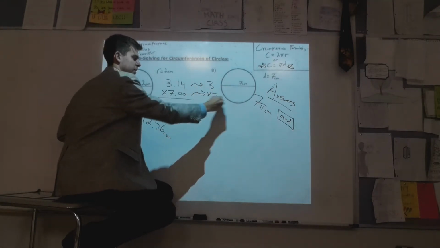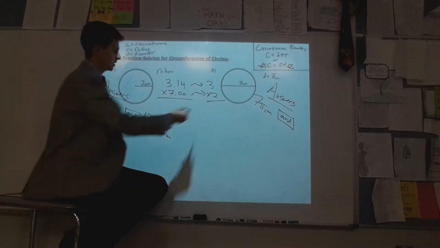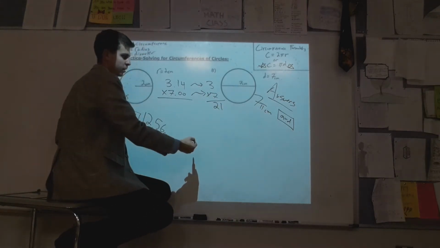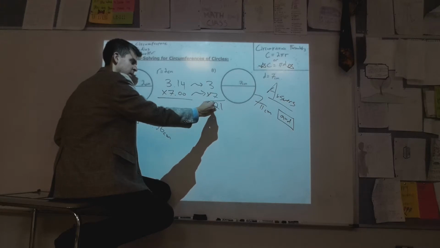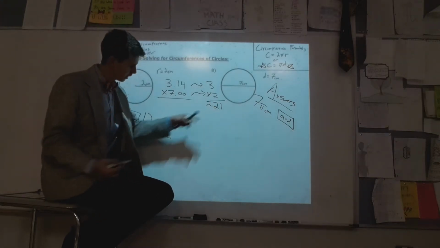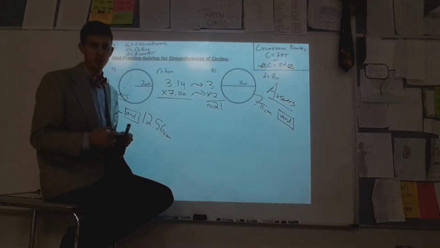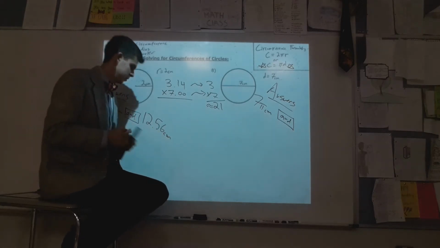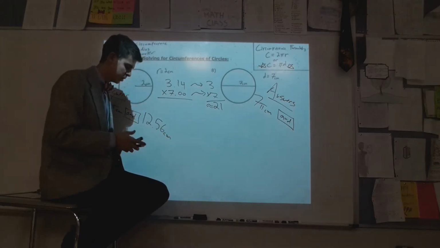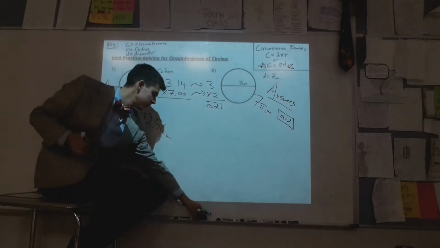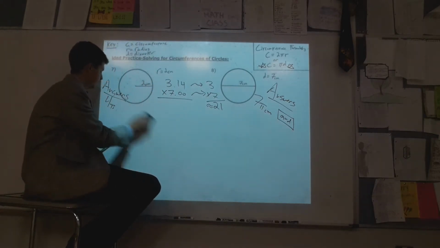Let's multiply these. And 3 times 7 is 21. So my answer has got to be approximately 21. A squiggly equal sign means approximately, or close to. Okay. So we're going to go ahead and do this multiplication. I'm going to erase this answer here.